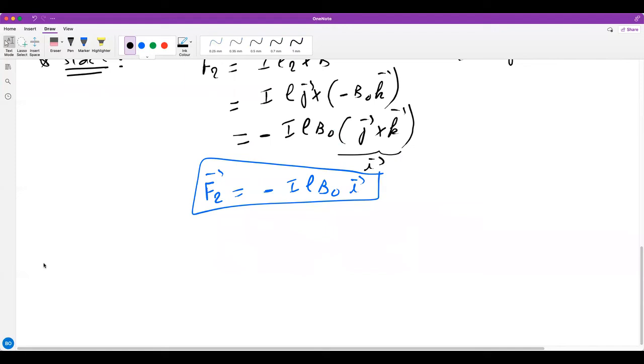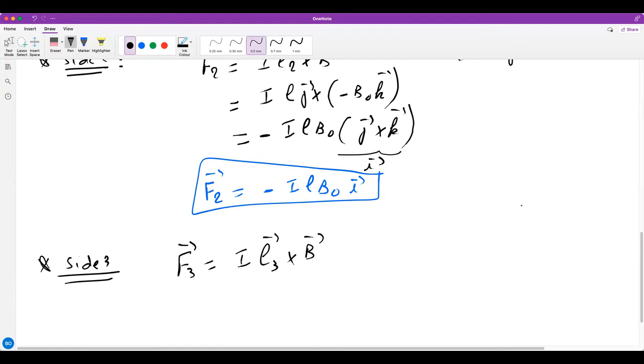Now, the interesting part is side 3. Again, the force on 3 is equal to I L3 cross B. Now, L3 is in the plane of X, Y. If X is this way, Y is this way, L3 is here. So L3 has an angle of 45 degrees.